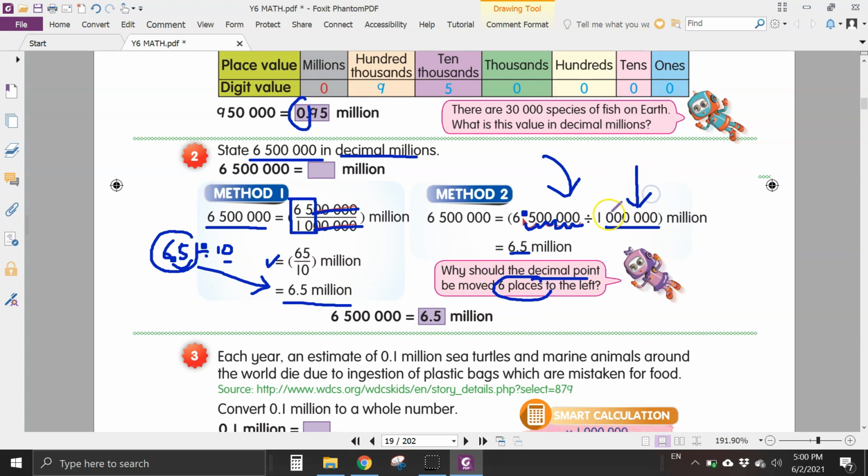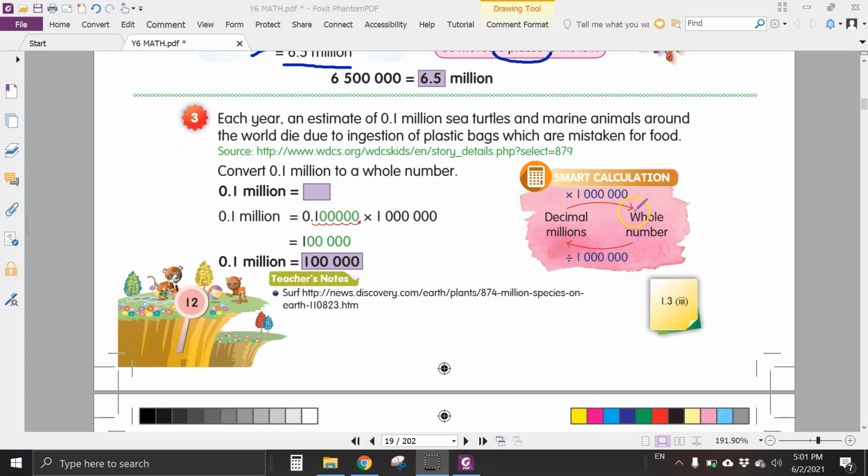Because there are 6 zeros. Ada 6 sifar dalam sejuta. Just now what we did is from whole number, nombor bulat, we change it to decimal million, yang ada perpuluhan. So what we did was we divide it by 1 million.